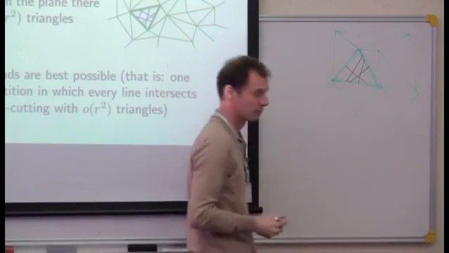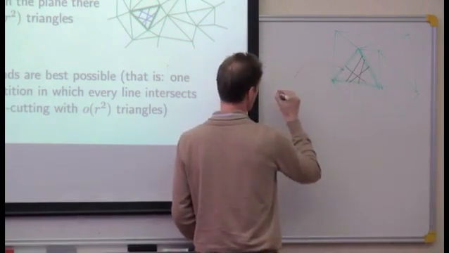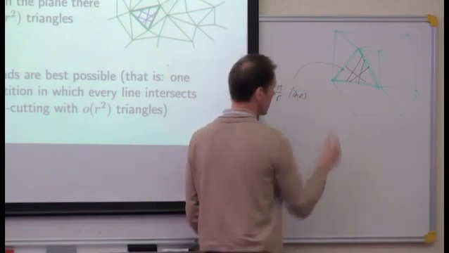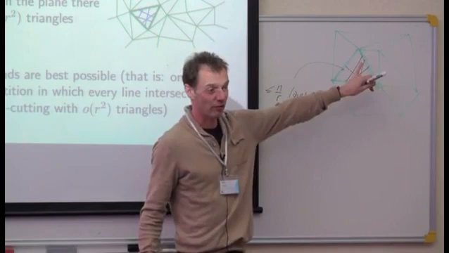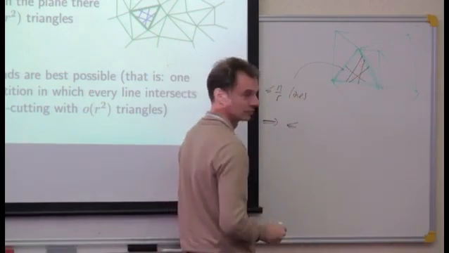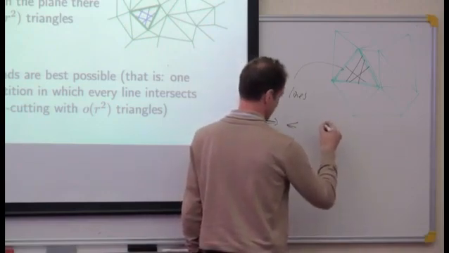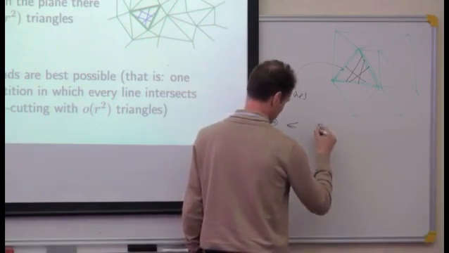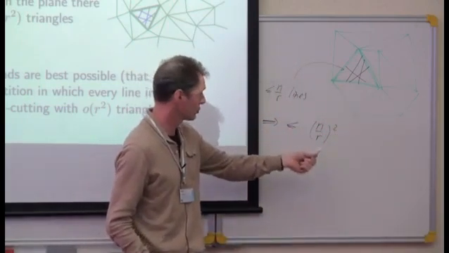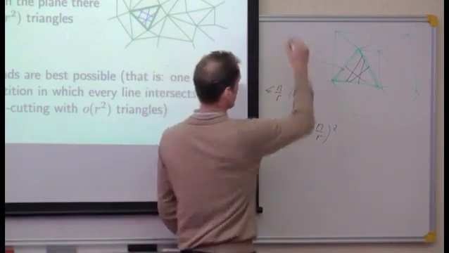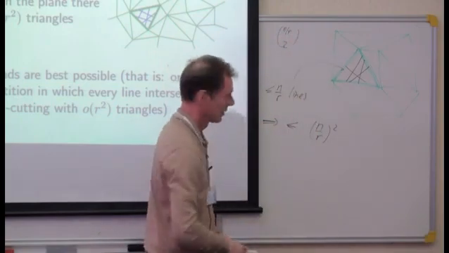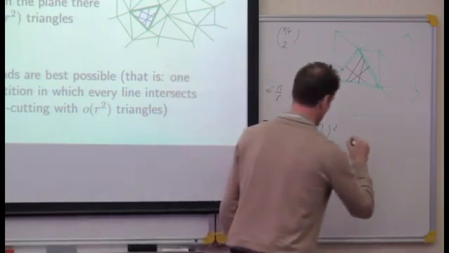Well, n divided by r. So here I have, by definition, at most n divided by r lines. So how many intersection points can you have? Well, if I have this many lines, then at most this many intersection points. Or maybe I should actually write n over r choose 2 or something. But definitely at most this many intersections.